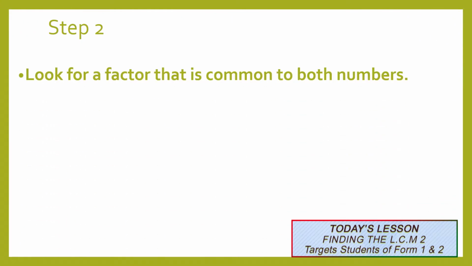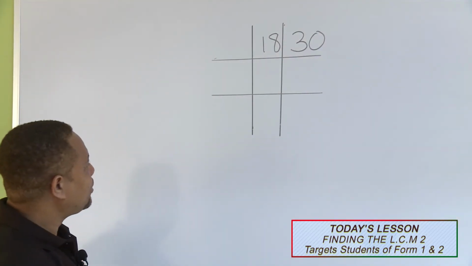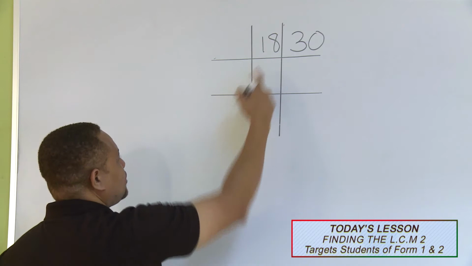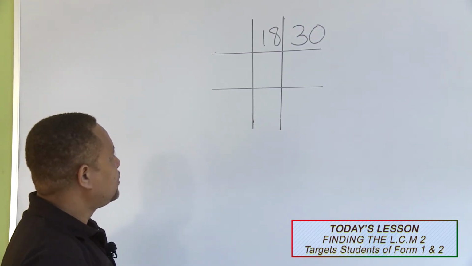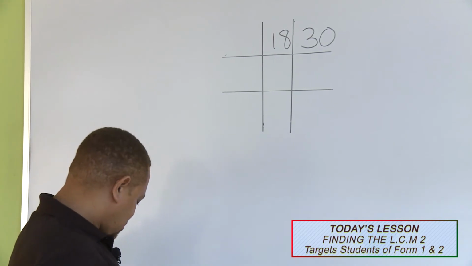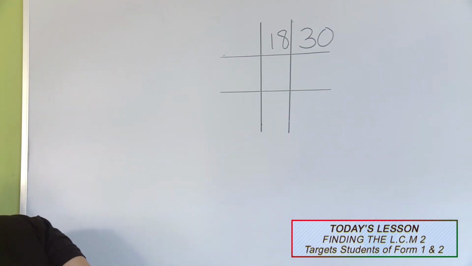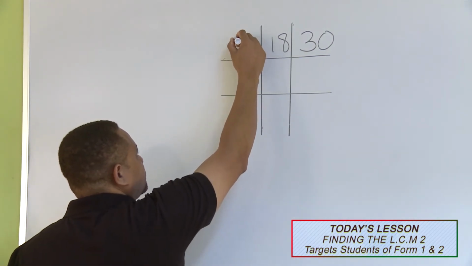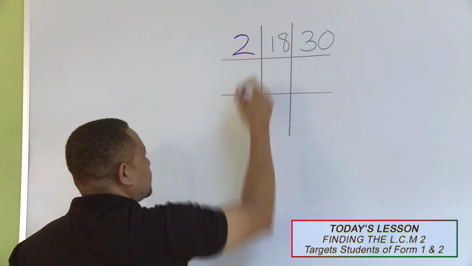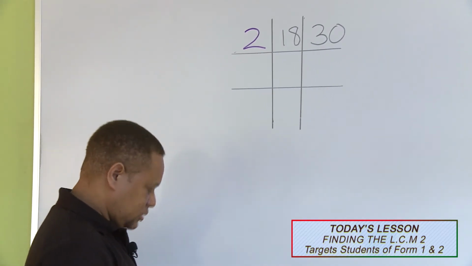Step 2. Look for a factor that is common to both numbers. So what is a factor? A number that can divide into these numbers without leaving a remainder. In this case, my factor would be 2. Because 2 could go into 18 and 2 can go into 30.